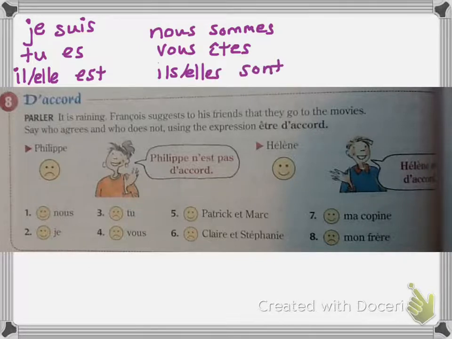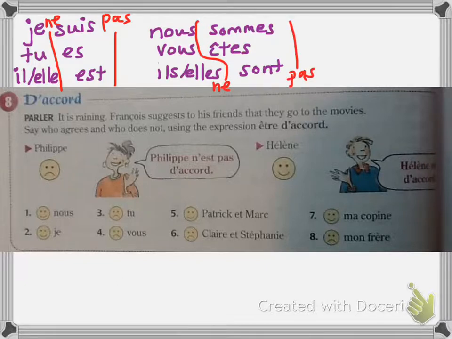And if I'm going to make these negative, my ne's go here, my pas go here, my ne's go here, my pas go here. Okay, so d'accord stays the same every time. So all of your sentences will end with d'accord. So again, I'd like you to try this one out loud.